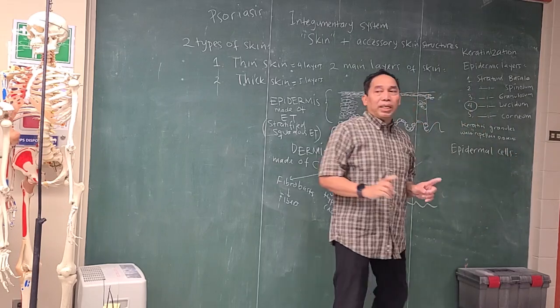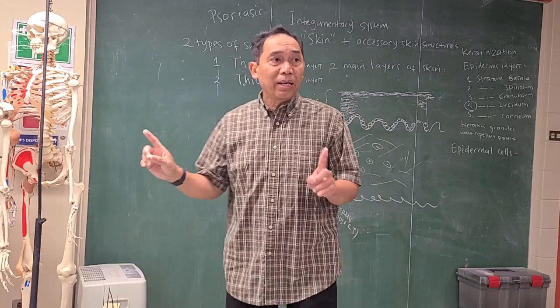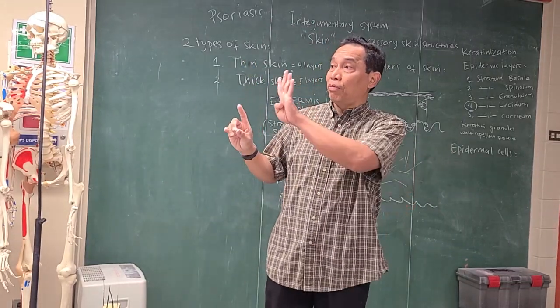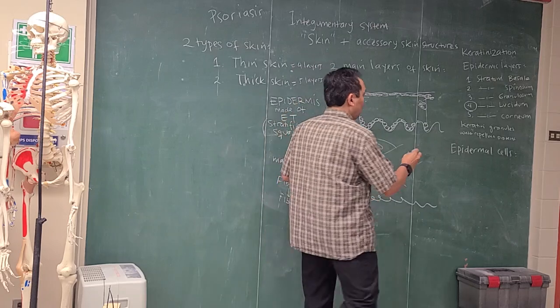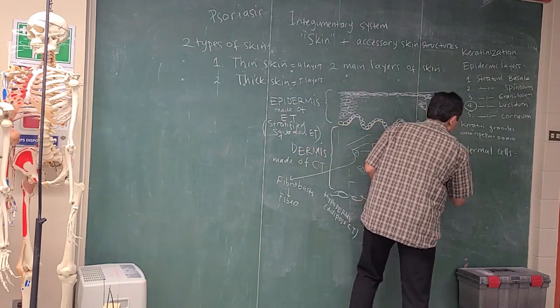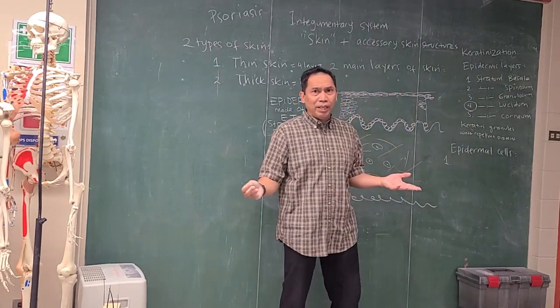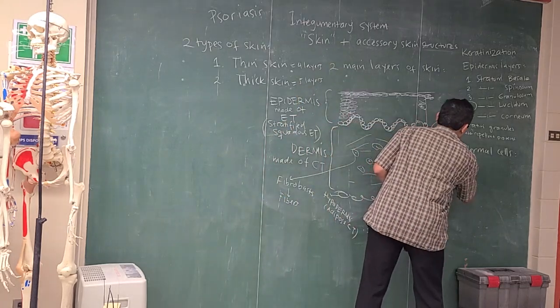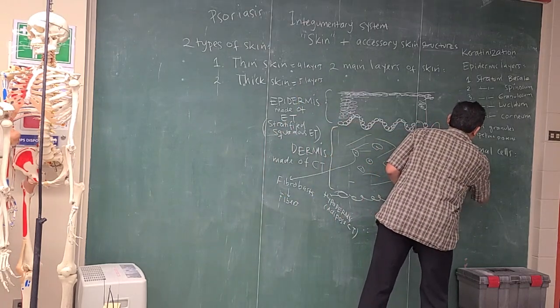There are 4 types of cells in the epidermis. Of course, there are millions of cells over there, but it only consists of how many types? 4. 4 types. The most abundant one, let's say 90% or more than 90%, is a cell called keratinocyte.